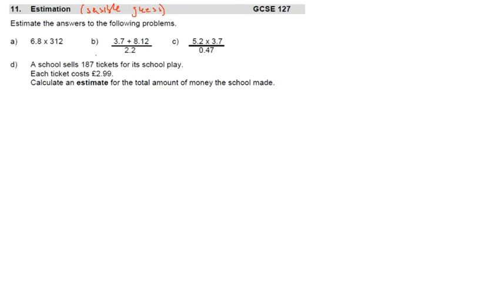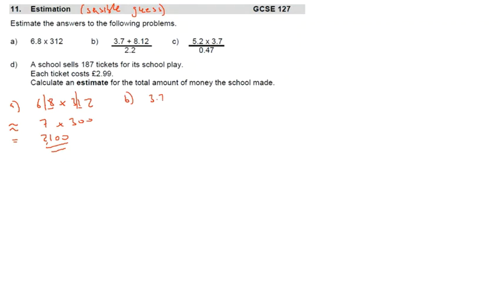A sensible guess. So question A, 6.8 times 312. But just round each number to 1 sig fig, then you can estimate. Okay? So remember, use the estimation sign, the wiggly equal sign. This is about 7, and this is about 300. So 7 3s are 21. 2 noughts on the end. 2,100.